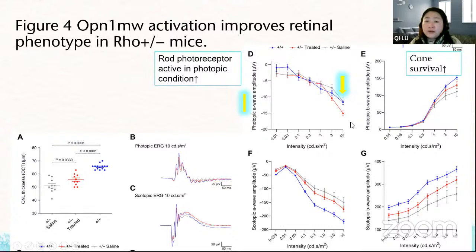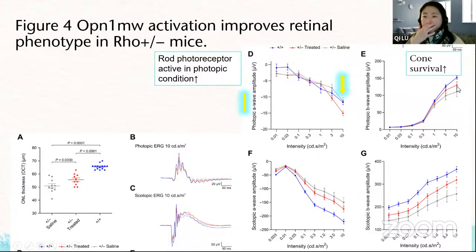I need to point out that at the very bright light condition, the response of the photoreceptor is even stronger than the wild-type positive control and the saline negative control.